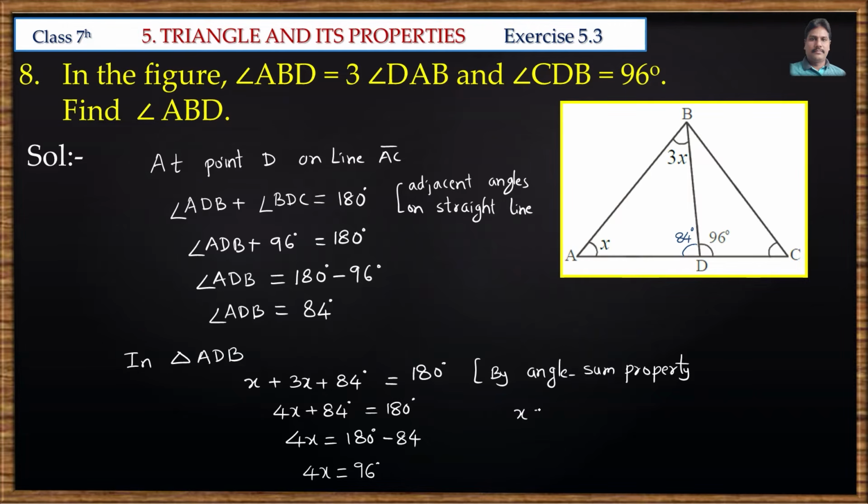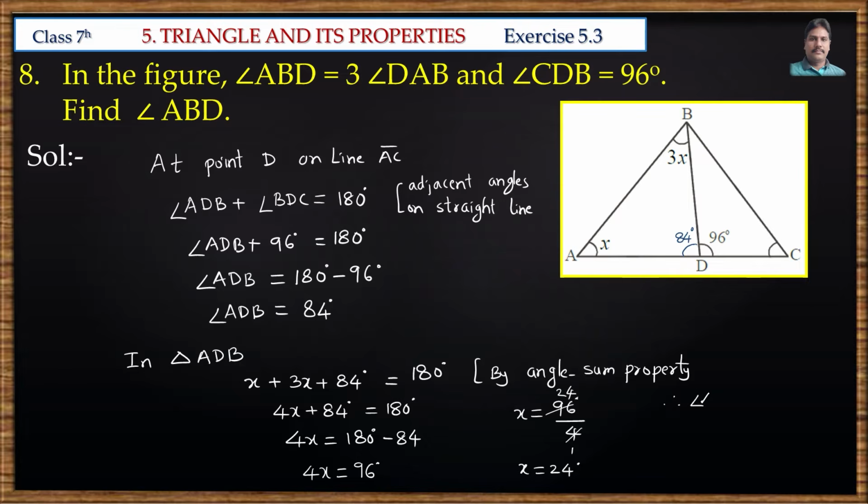Therefore x is equal to 96 by 4. 4 1 ja 4, 4 2 ja 8, 1 will be remain, so this will become 16, 4 4 ja 16. X is equal to 24 degrees. So we have to find angle ABD.